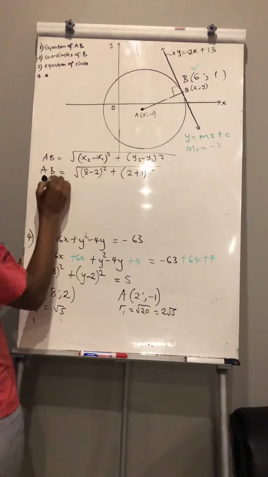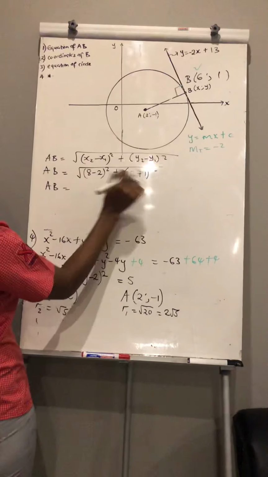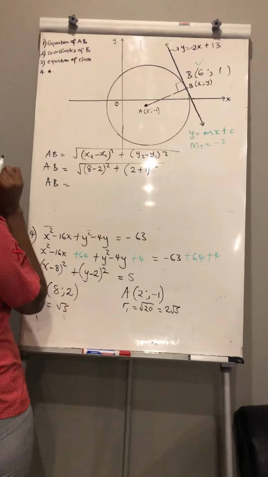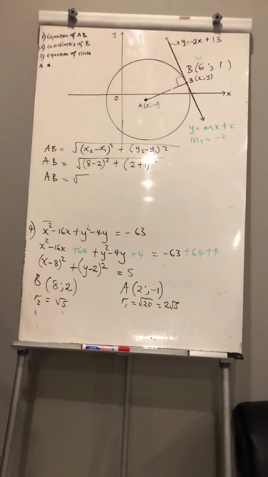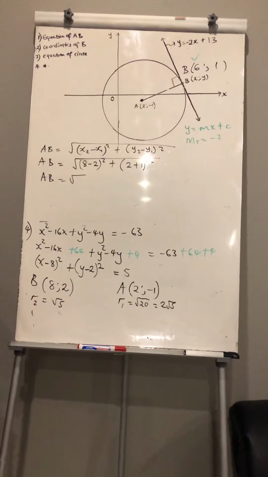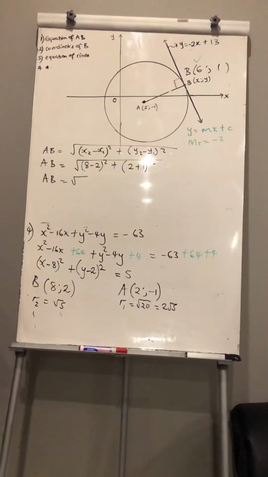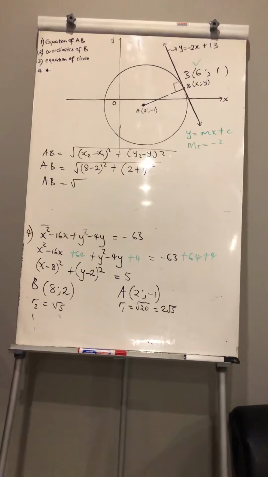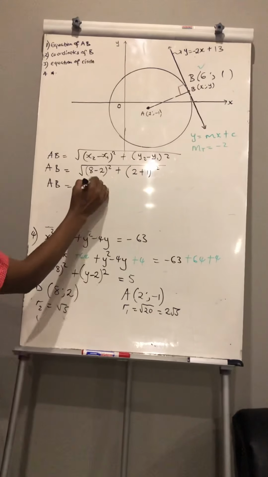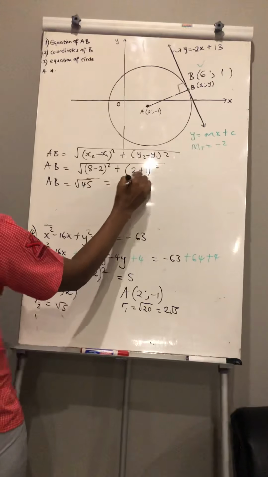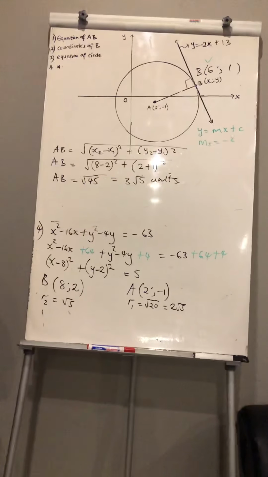So I think the distance AB is going to be easy to see. This one happens to be 36 plus, that would be 9. I wonder what that is. So why don't I rather use my calculator instead? That would be easy to do. Let us see. Okay, so that will be 45, which is simply going to be 3 root 5 if I change it. So that would be the distance AB for this question.